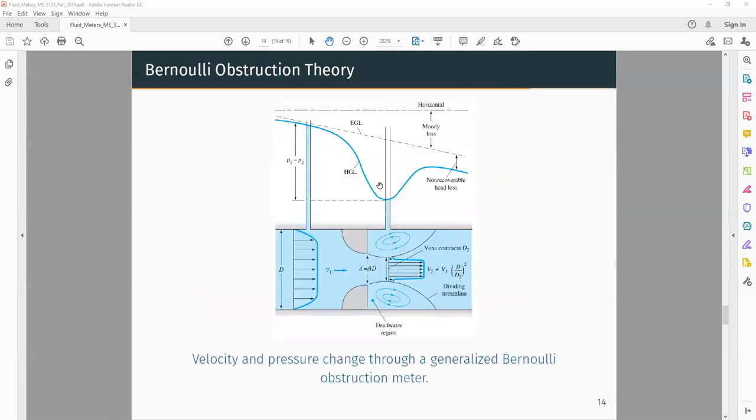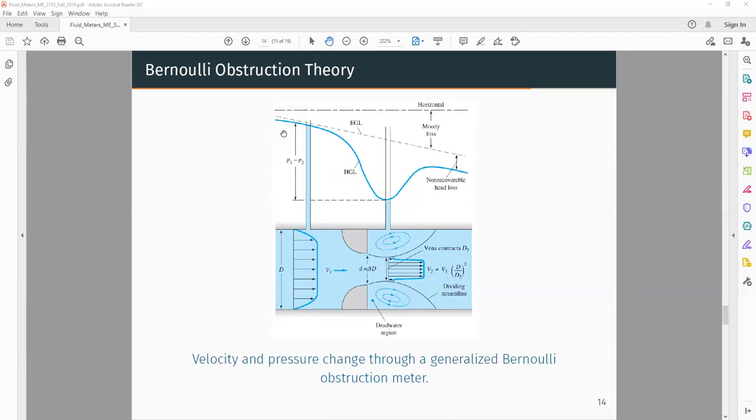And the frictional loss is there, that is, these are the energy curves. So from this horizontal line, as the fluid is moving, we have the frictional loss. So this line represents the energy gradient line.